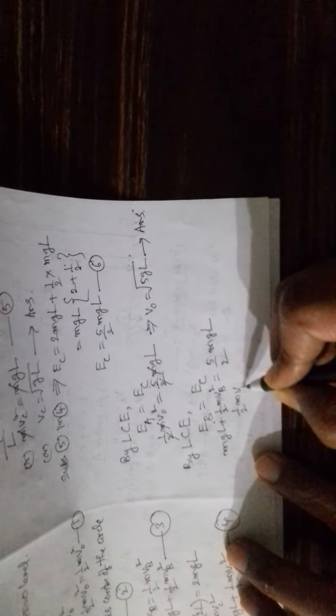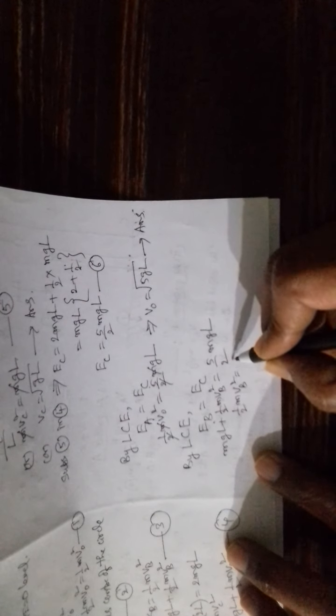From this, half mvb square is equal to 5 by 2 mgl minus mgl, taking this to the right hand side. mgl can be taken common, so here 5 by 2 remains, here 1 remains.